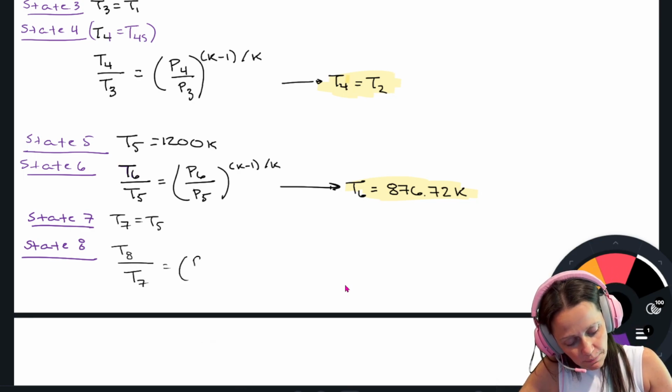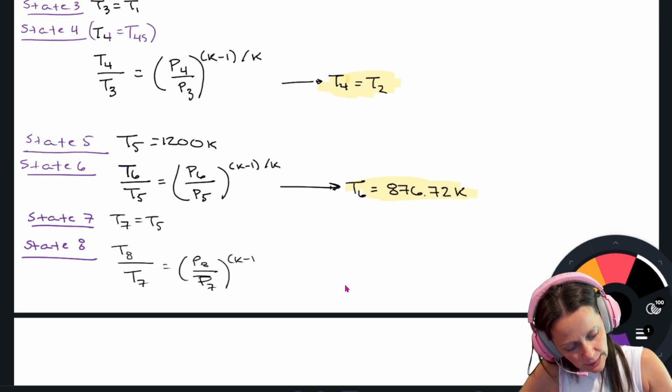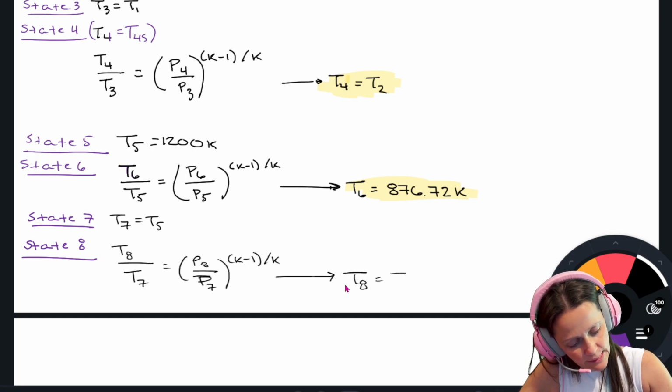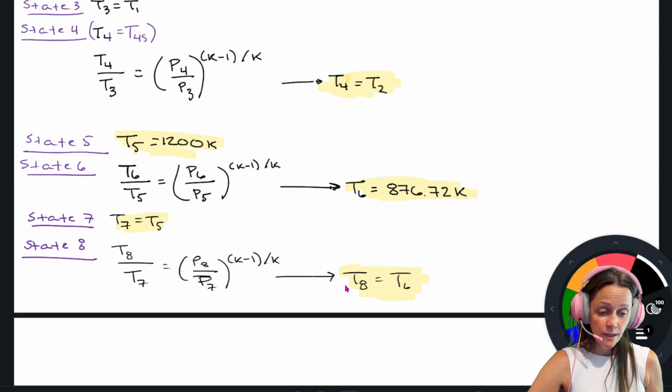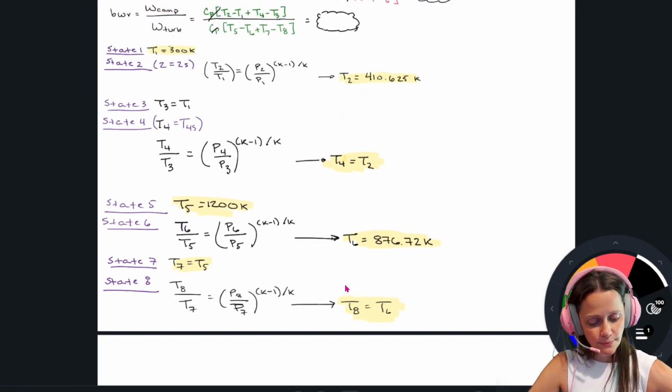So I shouldn't be surprised to see that my T8 ends up being the same as my T6. There we go. So easy peasy.